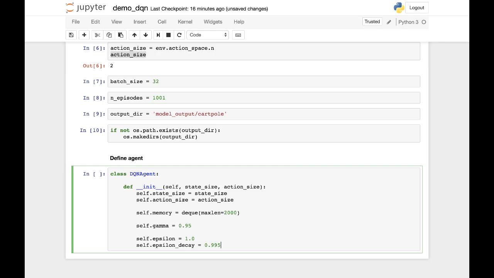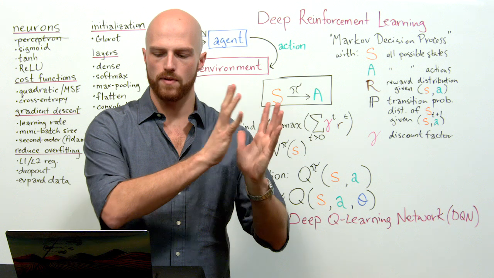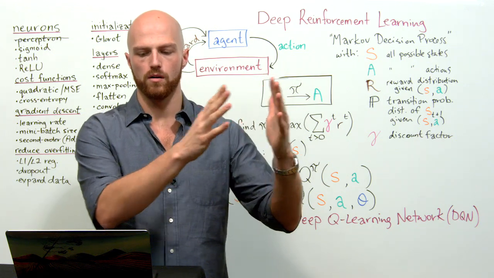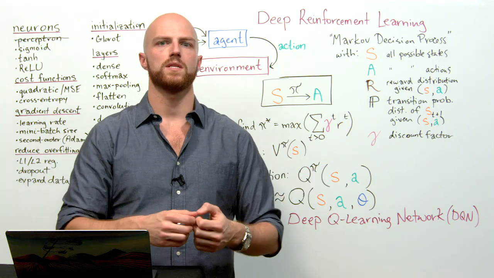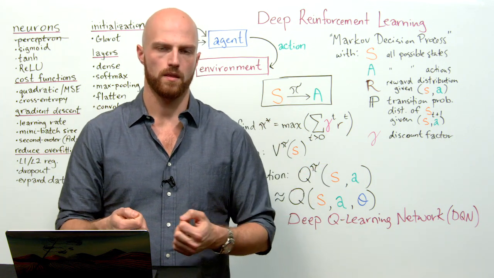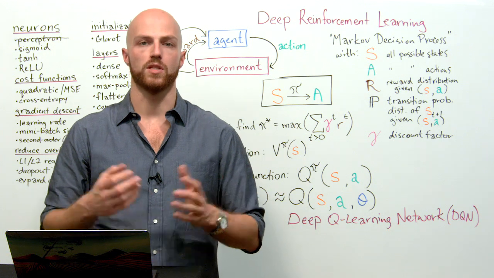And over time, this exploitation starts to dominate and we do very little exploring, but we can set a floor on how low the epsilon can go. So we'll set that here. The minimum, so this means that at the very least, even after we've decayed our epsilon all of the way towards 0, the lowest that we'll let it go is 0.01, which means that 1% of the time, the agent will explore.